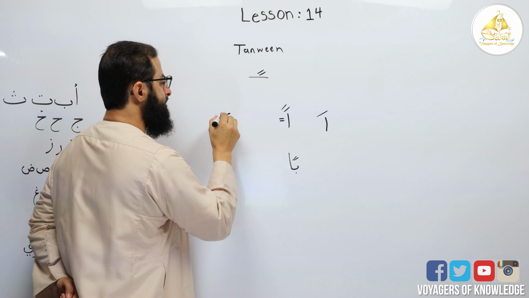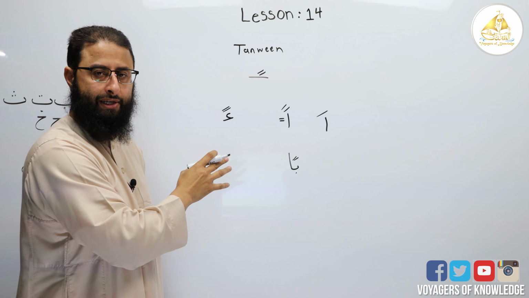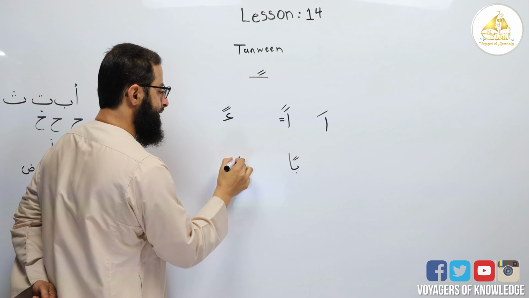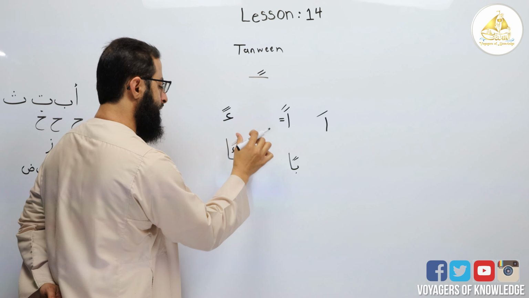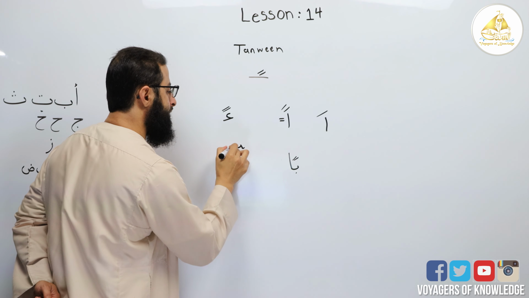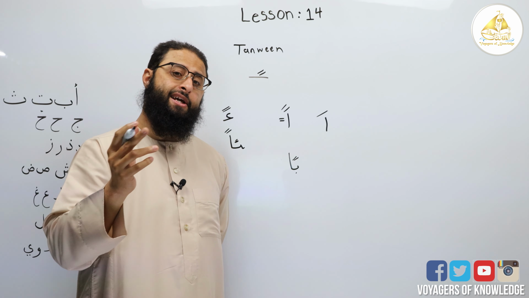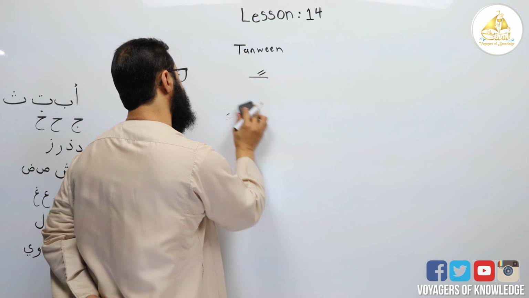The Hamza. Sometimes you will see the Hamza with the Fathatain without the addition of the Alif, and sometimes it'll get added, and that's when it's connected to the letter before it. Actually, it would be on the letter right here.